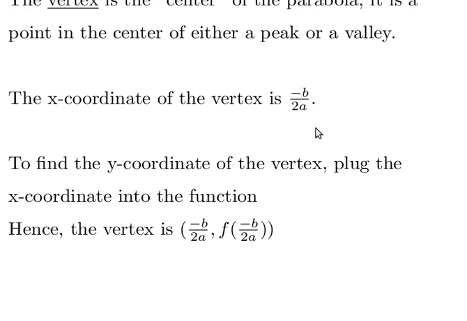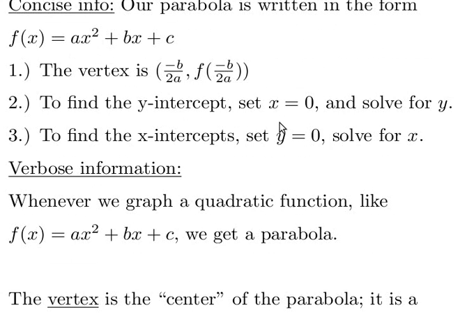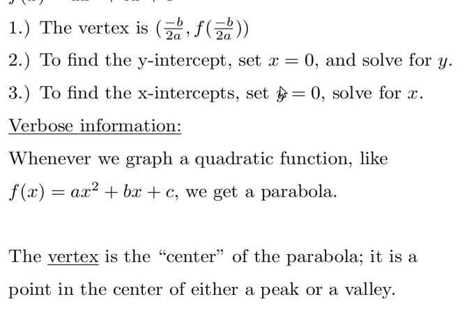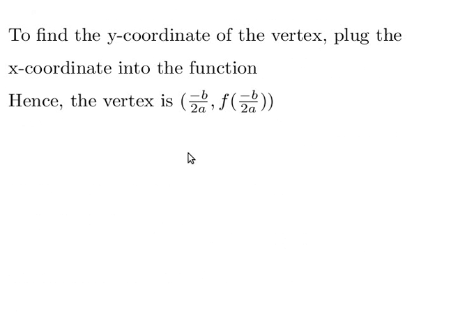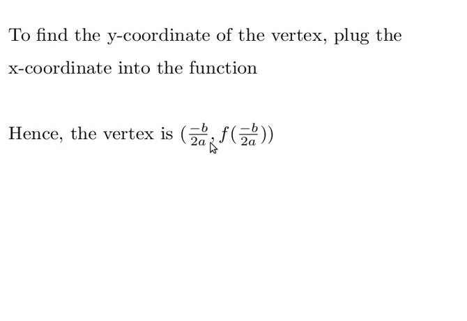I'm now explaining how we get to that information. Hence the vertex is negative b over 2a, comma, f of negative b over 2a.